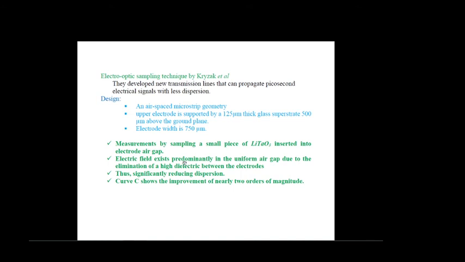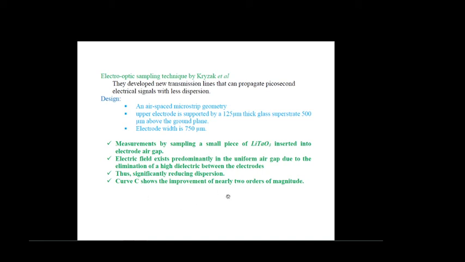Measurements were done by sampling a small piece of LiTaO3 inserted into the electrode air gap. Due to the elimination of high dielectric between the electrodes, the electric field exists predominantly in the uniform air gap, thus significantly reducing dispersion.